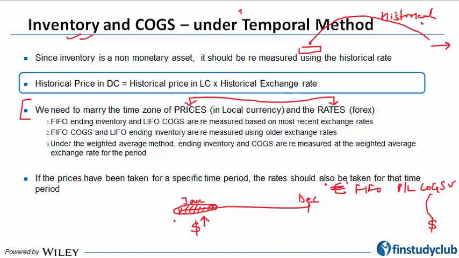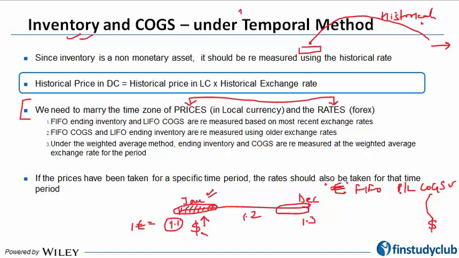So if, let's say, I give you the exchange rate, 1 euro is equal to 1.1, 1.2 on an average, and 1.3 towards the end. So if my FIFO is valuing COGS at the initial prices, let's say prices prevailing in Jan-Feb, then I will have to use the exchange rate also, which is prevailing in Jan-Feb. So I'm going to do this conversion at 1.1.